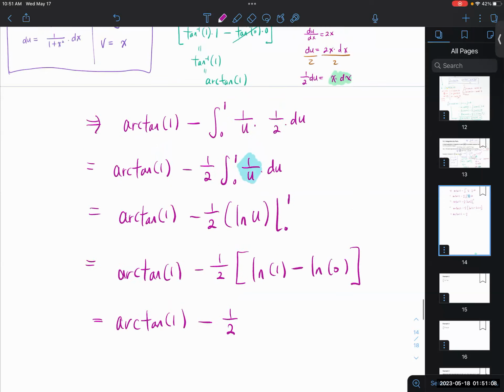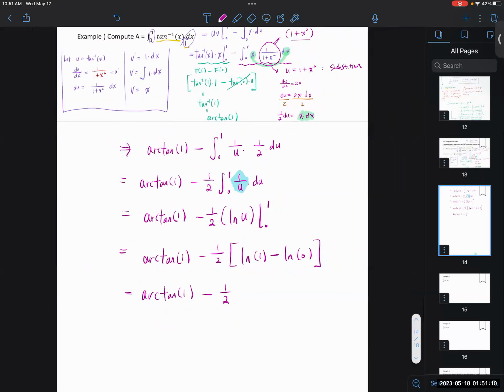By the way, I think we have a little bit of a missing piece. Do you remember? Since we are using the substitution method, we have to change the 0 to 1 in terms of the u interval. So here, one second. 0 to 1, we have to convert to the u variable. There we go. So u is 1 plus 0 squared, so 0 is going to be 1.